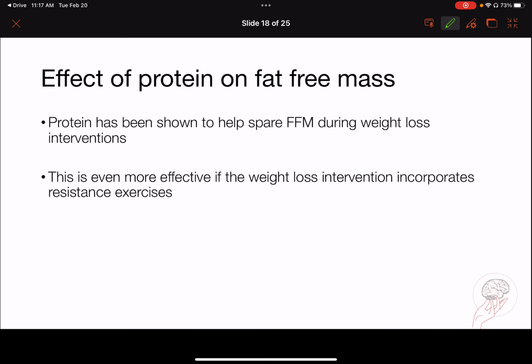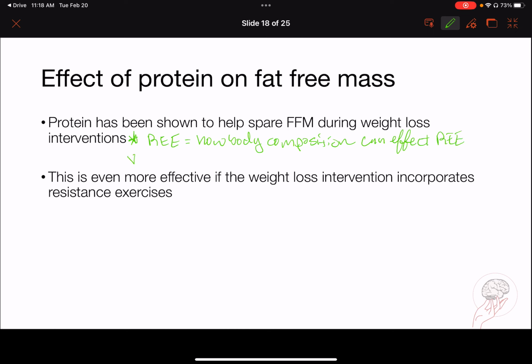So the effect of protein on fat-free mass. Protein has been shown to help spare fat-free mass during weight loss interventions. And this is really important. Remember resting energy expenditure. Go back to those notes and think about how body composition can affect our EE.